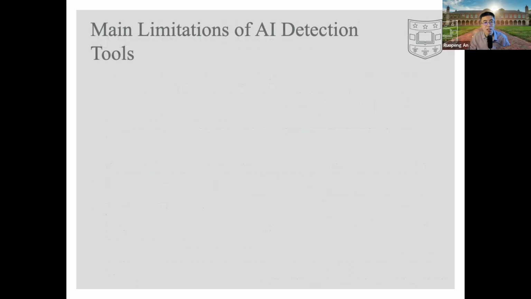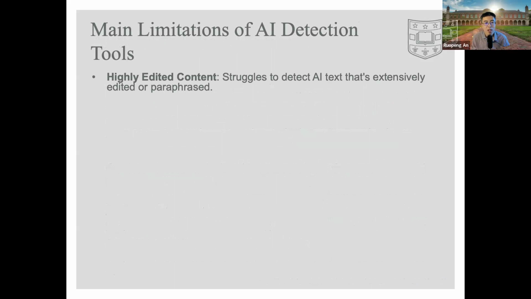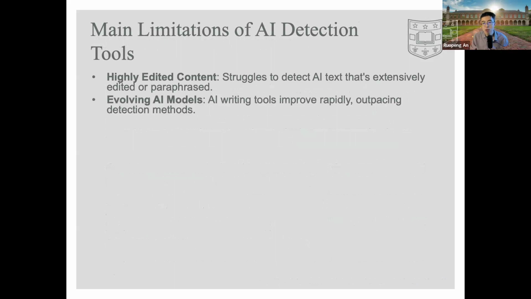And what are the main limitations of those AI detection tools that we tested, quite a number of them? First, they struggle to detect AI text that is extensively edited or paraphrased. Right? The accuracy would be very much lower if the AI text is edited or paraphrased. And the second, they really can't keep up with the rapidly outpacing detection methods.